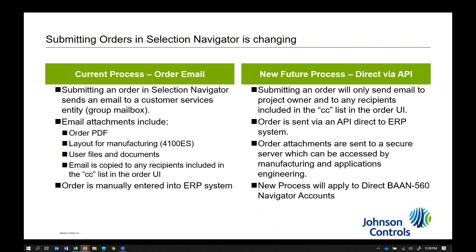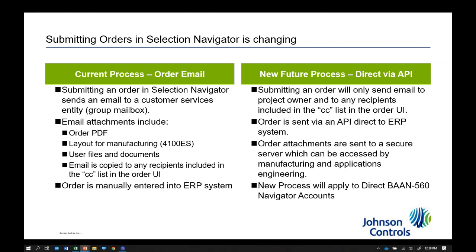When you get to Selection Navigator and you create your orders and then submit them, as soon as you press that submit button, the order gets sent to our customer services group mailbox, which is picked up by multiple customer service representatives.